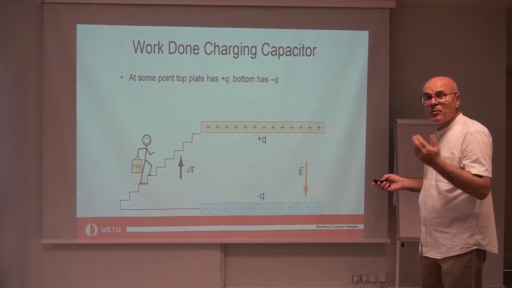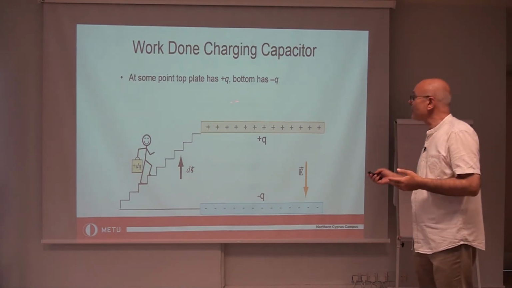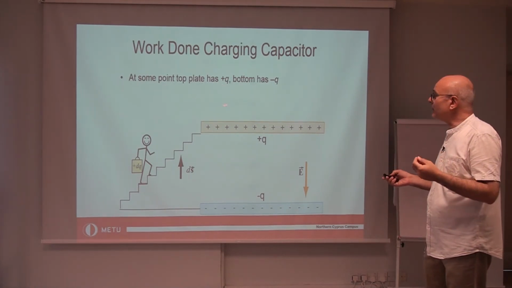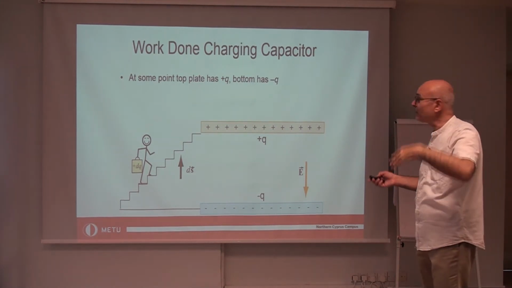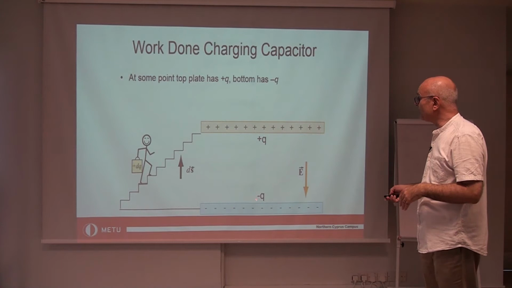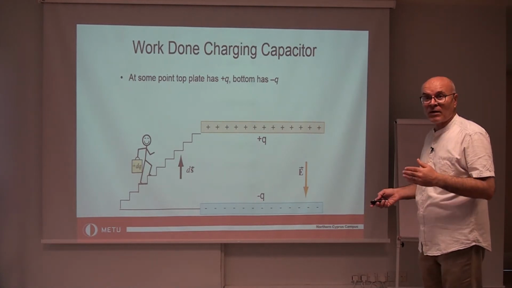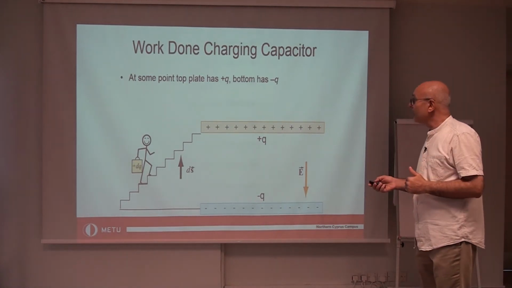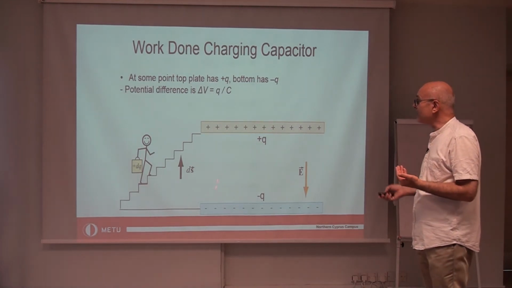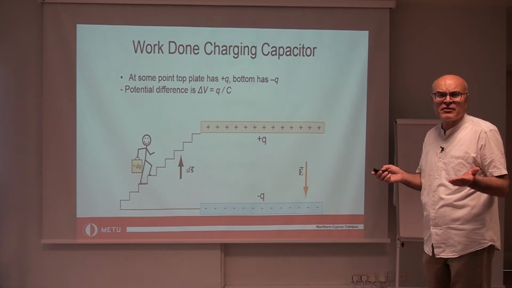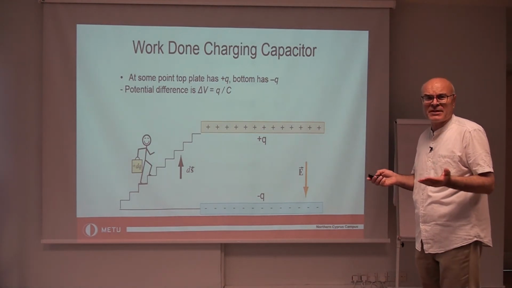At some point in the process, there has been a charge of plus q, which is less than the maximum charge we want to reach, on the upper plate, and a charge of minus q on the lower plate. At some point, we are there. Now, the potential difference between these two plates is equal to q over C. This is the general rule for any capacitor.